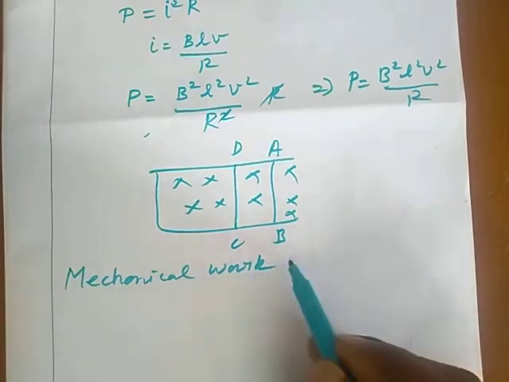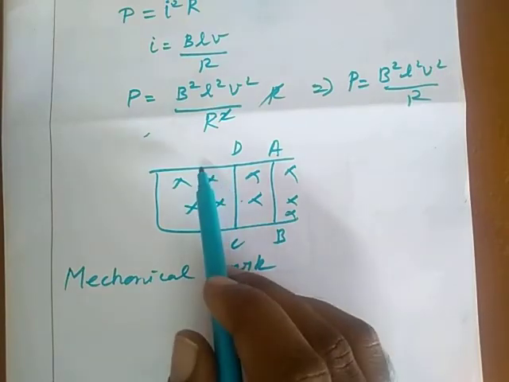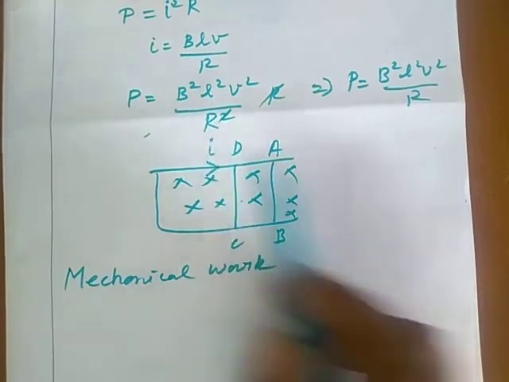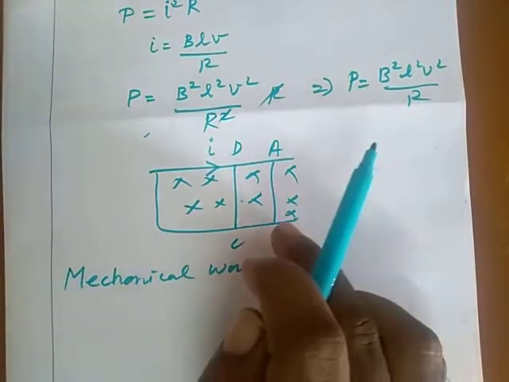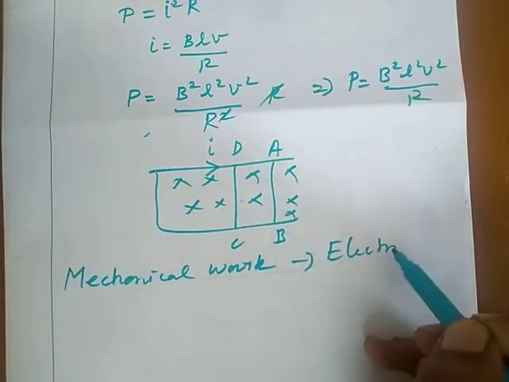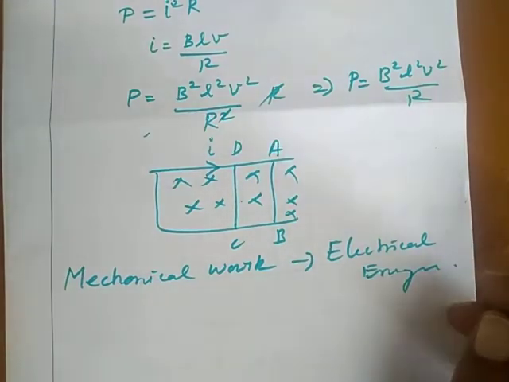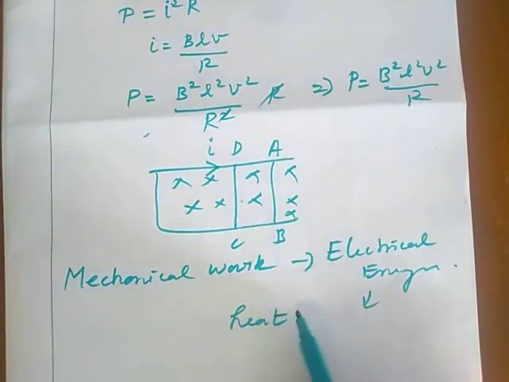Okay, then next, due to this mechanical work, it produces an induced EMF, then it produces a current I, that is an induced current. Then this mechanical energy became electrical energy. Due to this electrical energy, it produces heat in the loop.